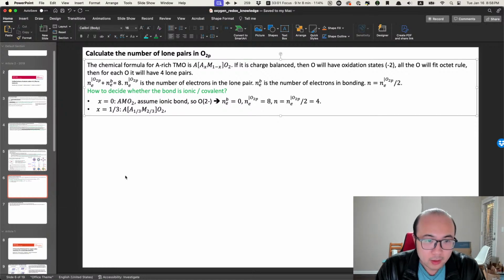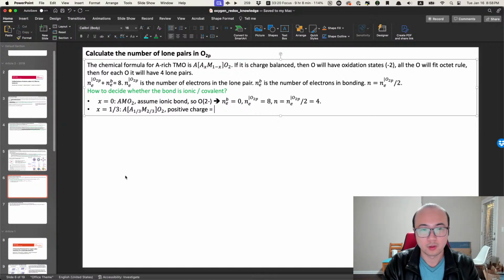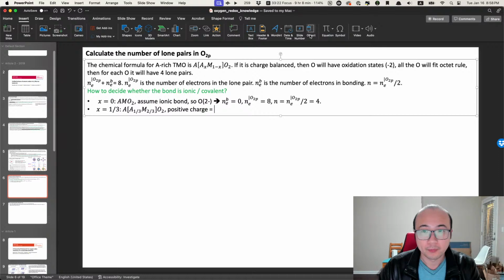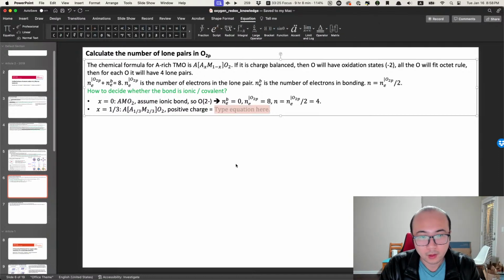And so the positive charge will be 1/4(3) plus 3/2(3).